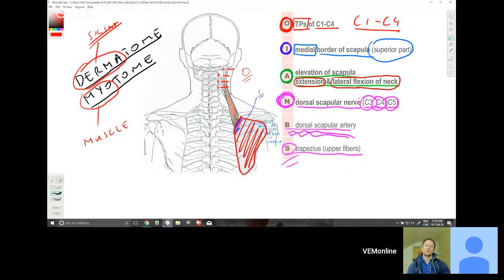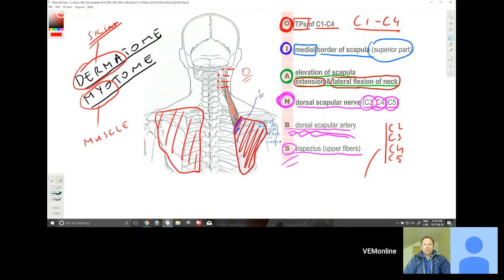Let's say, just as a wild example I'm making up, the C4 or C5 nerve roots innervate this particular patch on the skin.